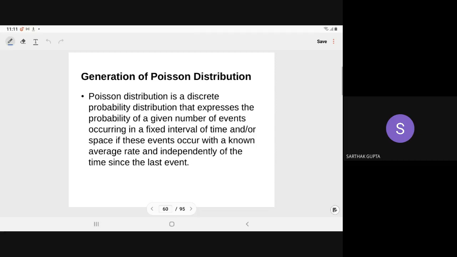How many bacteria we have on the plate? So the number of bacteria, discrete events in a continuous surface area, occur with a known average rate and independently of the time since the last event.